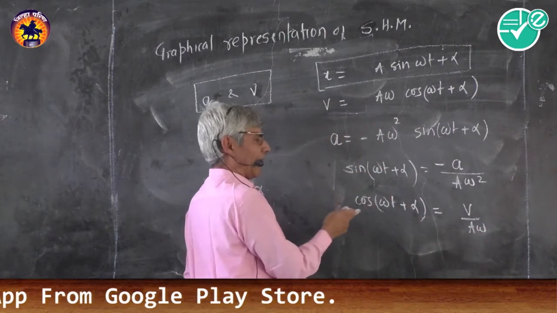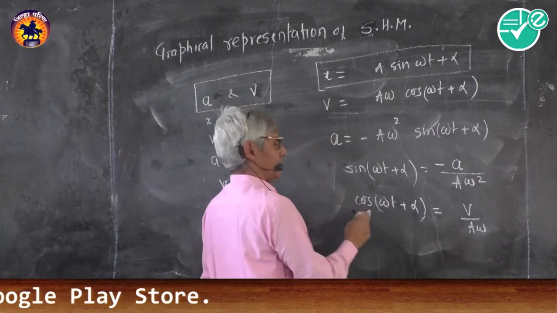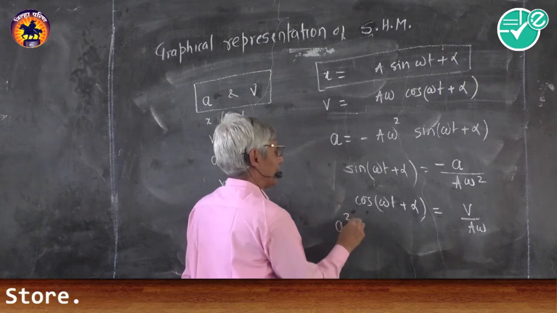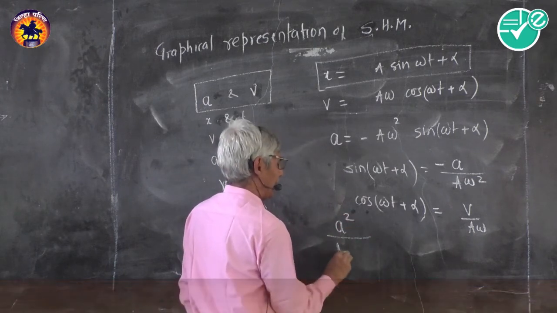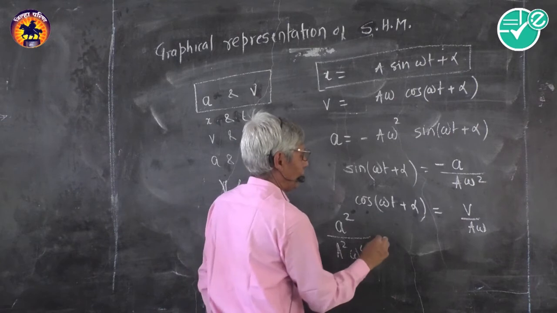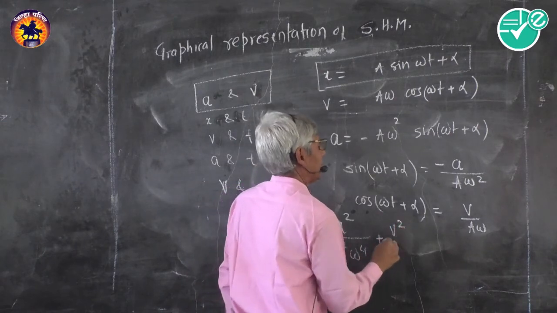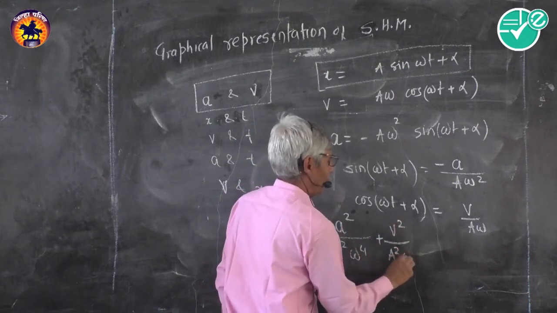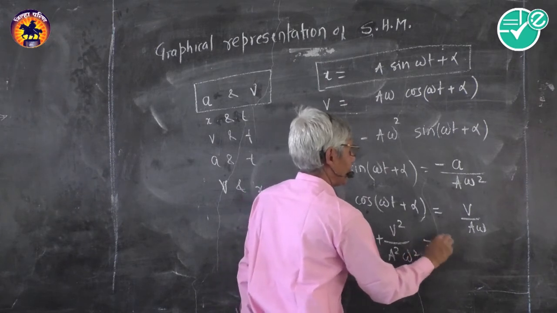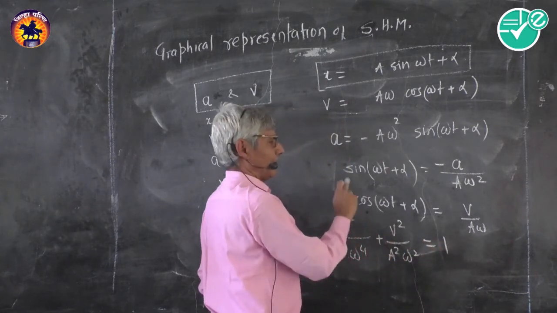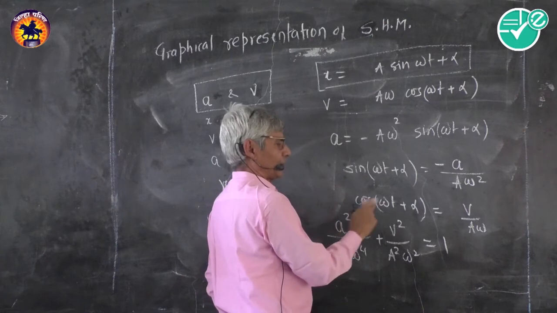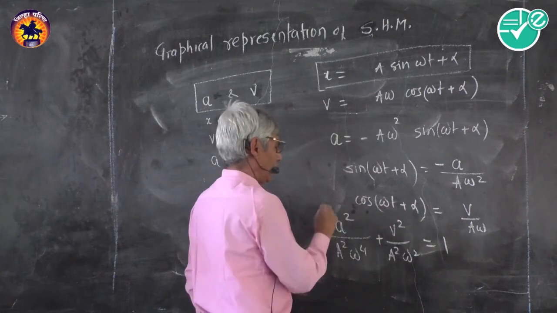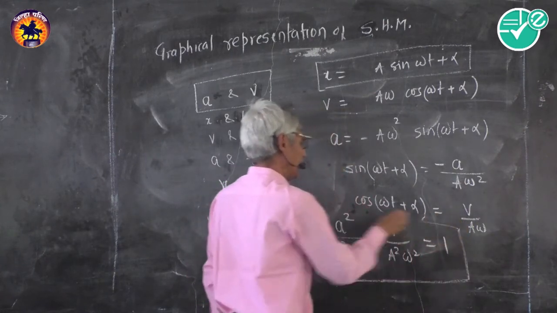If we square and add these two equations, we have a square divided by capital A square omega raised to 4 plus v square divided by capital A square omega square is equal to 1. That is, sin square omega t plus alpha plus cos square omega t plus alpha will be equal to 1. And this is the equation of an ellipse.